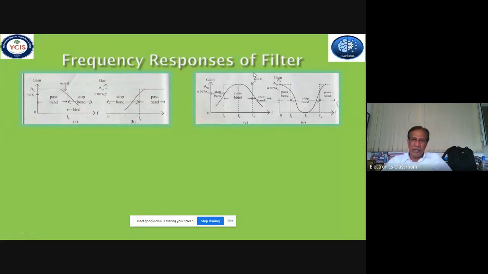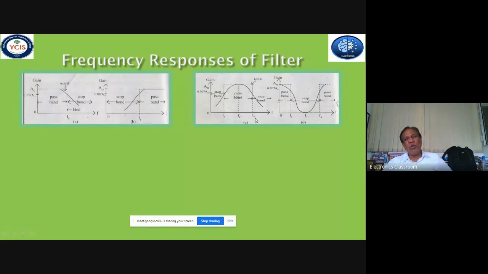As far as the band pass filter is concerned, it has one pass band and two stop bands. The pass band ranges from FL to FH. It is one pass band. Similarly, it has two stop bands. The first stop band is from F equal to 0 to F equal to FL, and the second stop band is from F equal to FH to F equal to infinity.